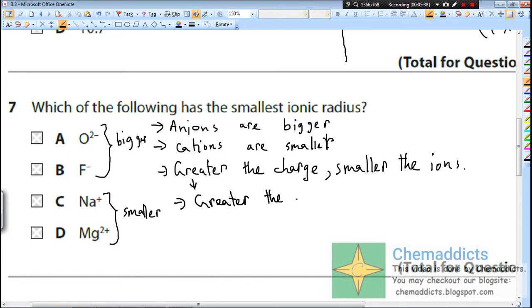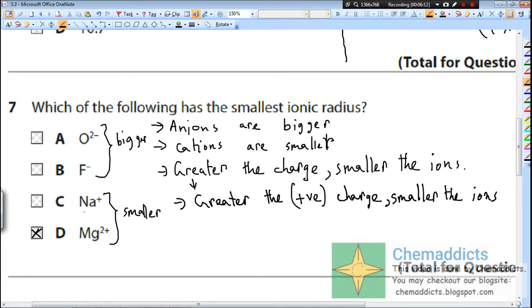As simple as that. Here magnesium is a positively charged ion, and it also has more charge than sodium, so magnesium would be the answer. So D is the answer.